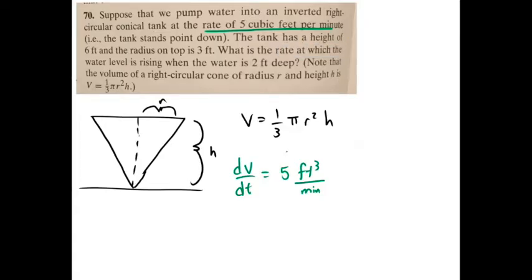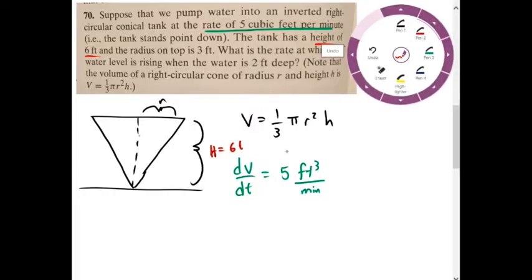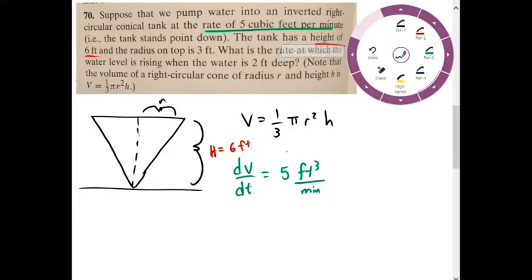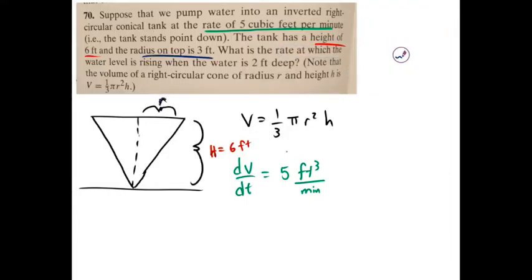Then we know the height is 6 feet. That's the total height, so we'll call that capital H, and it is 6 feet. And we know that the radius on top is 3 feet. We'll call that capital R.